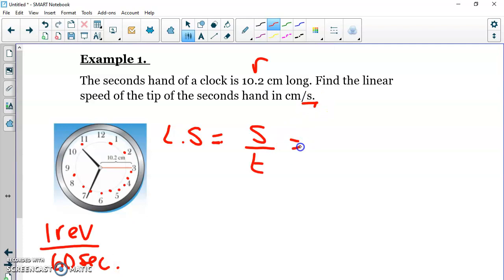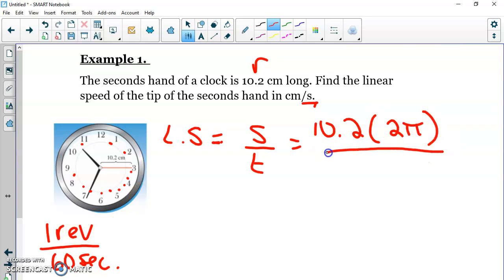So S equals R theta. Well, R is 10.2 centimeters, and theta is going to be, one revolution is 2 pi in radians, from our equivalent fraction on the last slide. And time, they told us we're using seconds, so 60 seconds, and this up here was centimeters. So once again, this is arc length, so S is R times theta. R is 10.2, theta is one full revolution, so 2 pi in radians, and then 60 seconds.